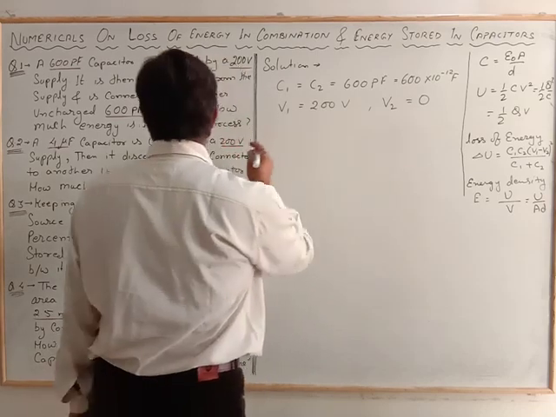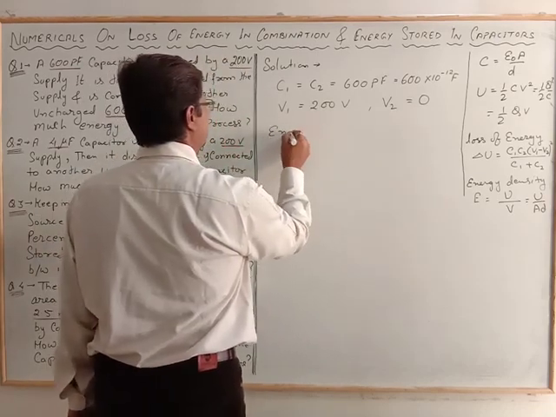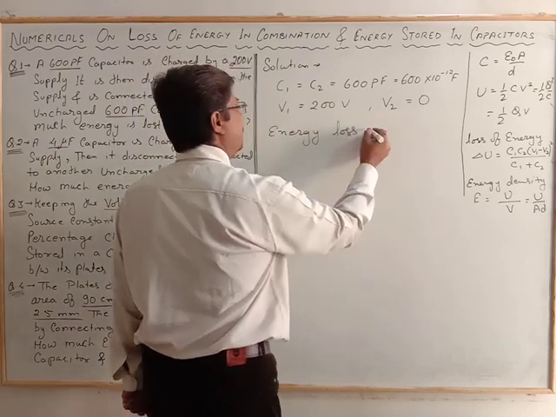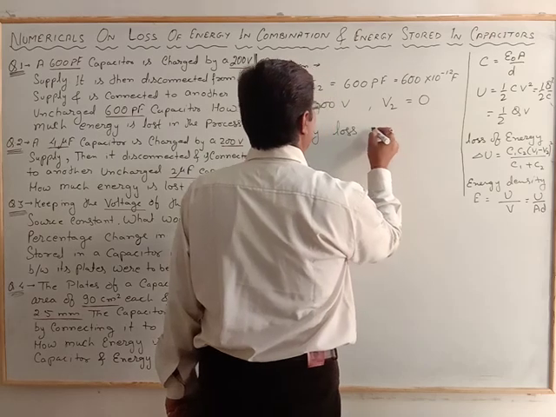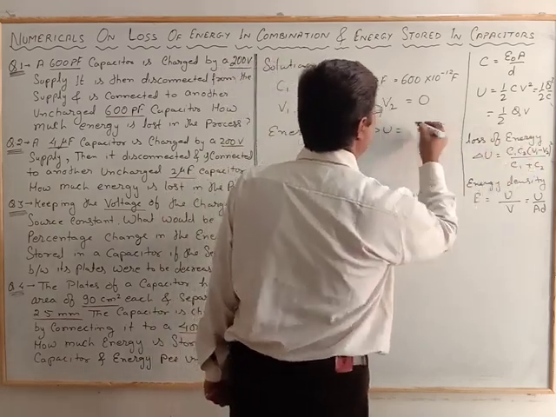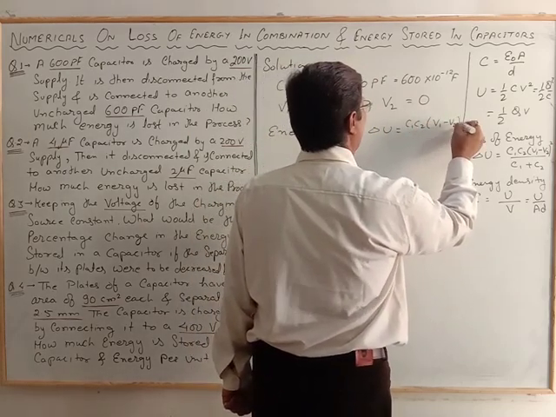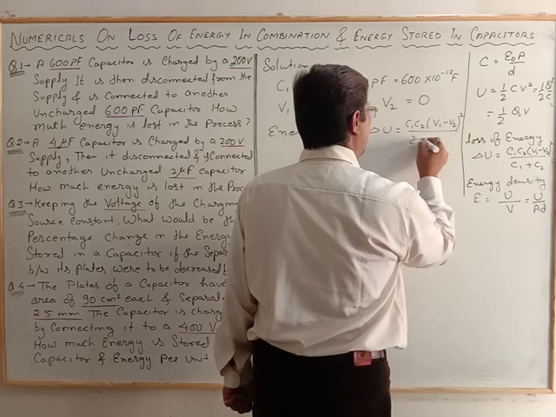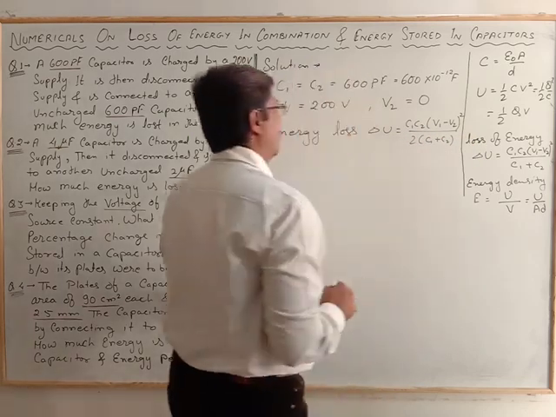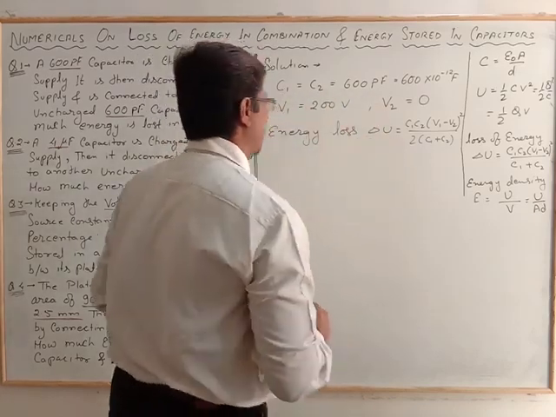So here the energy loss in the combination, delta U, is equal to C1 C2 (V1 minus V2) whole squared by twice of (C1 plus C2). Now everything is given here, we just substitute all this and we have the answer.